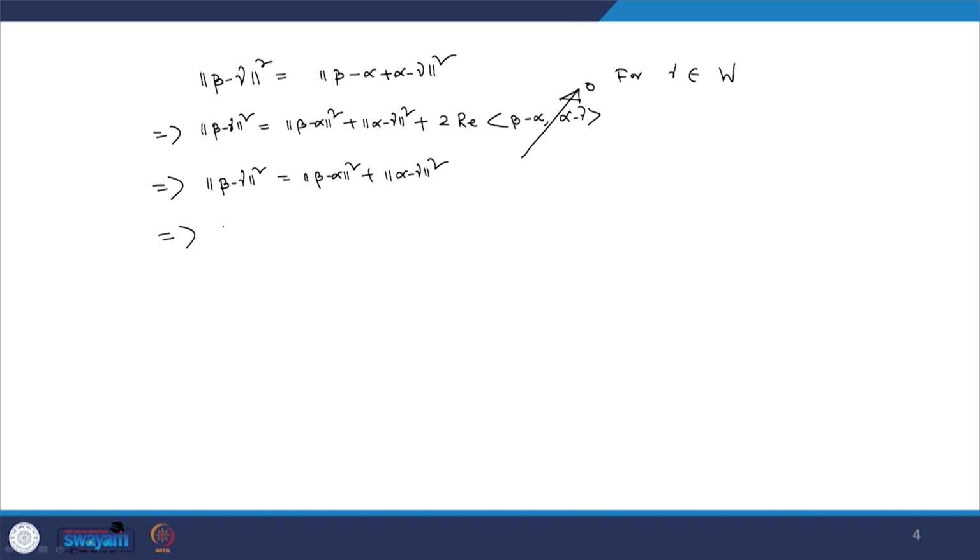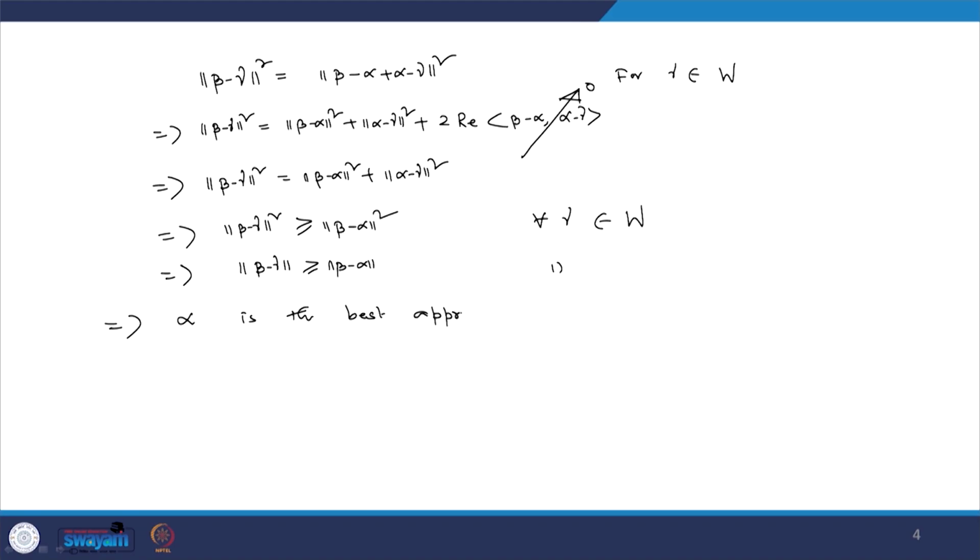So, norm of beta minus gamma whole square is greater than or equal to norm of beta minus alpha whole square, for all gamma belonging to W. This implies norm of beta minus gamma is greater than or equal to norm of beta minus alpha for all gamma. So, alpha is the best approximation to beta, please.